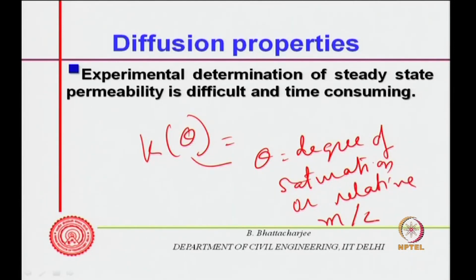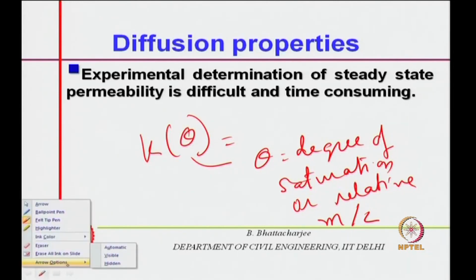But K generally we determine for saturated condition. So, to achieve the saturated condition steady state situation, it takes very long time in concrete, because permeability is very low. So, it is difficult and time consuming, very long time it takes, and it is not easy to do.